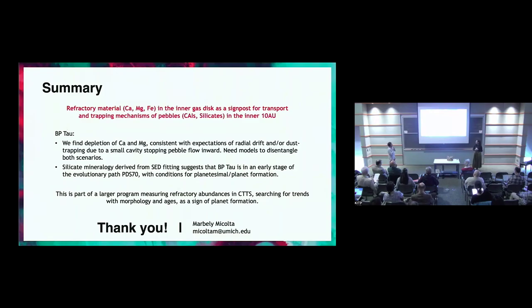How about considering not just the pebbles, but also more macroscopic bodies like planetesimals? Can you also explain with the planetesimals, larger bodies? Ideally, if it's something that is caused by dust trapping, that means that the material is staying in the disk outside the dust wall, and that means there is some accumulation of dust happening somewhere.